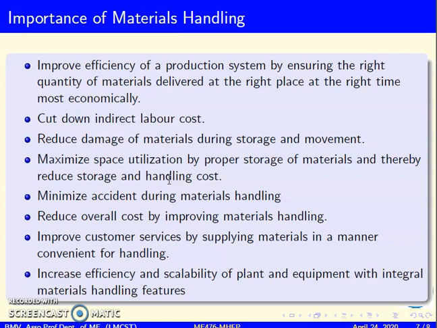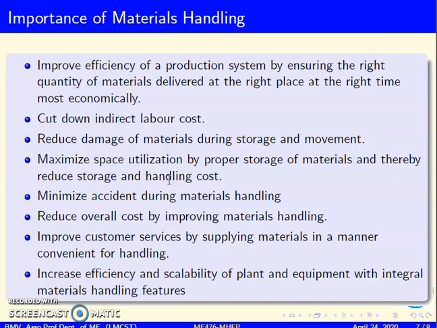So the handling and the transportation of this material is taking place. This can be done by many methods. If it is a single component, we can take it manually to the next processing unit. And if it is a mass production system, then the number of components will be very high, so we have to choose a certain material handling equipment for that.